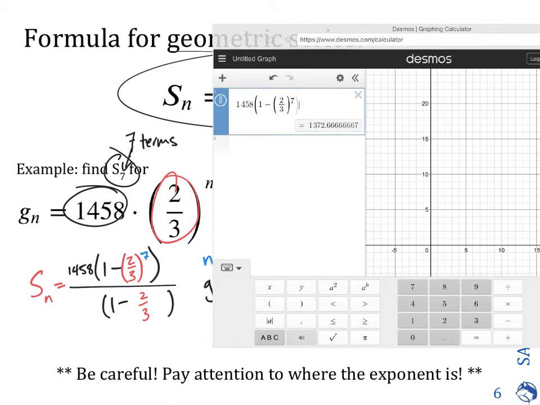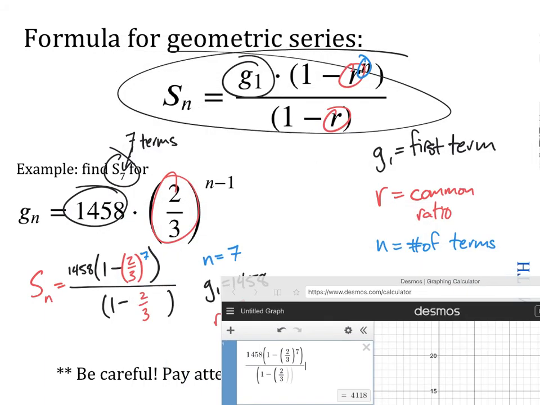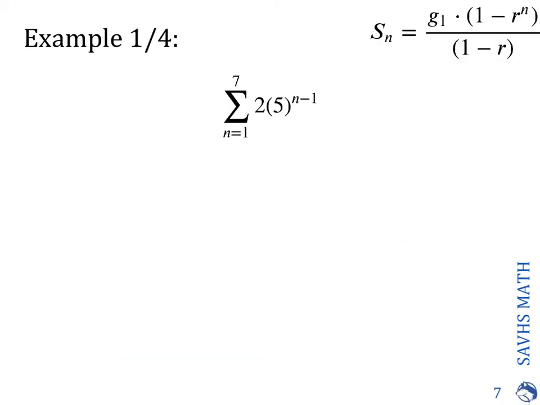Somehow my fraction got messed up. Then I'm just going to divide the whole thing by 1 minus 2/3. And there's my answer. I get 4,118. So then I'm just going to slide this down here and write my answer as 4,118.